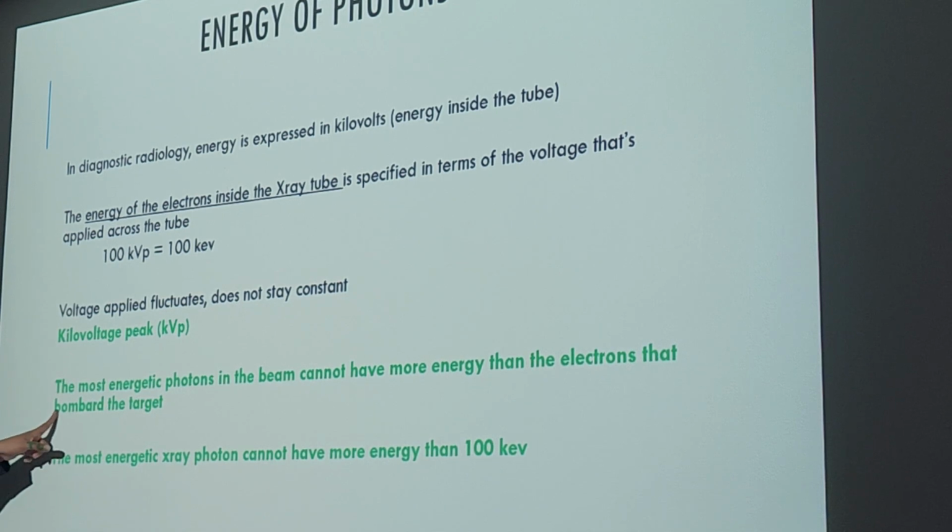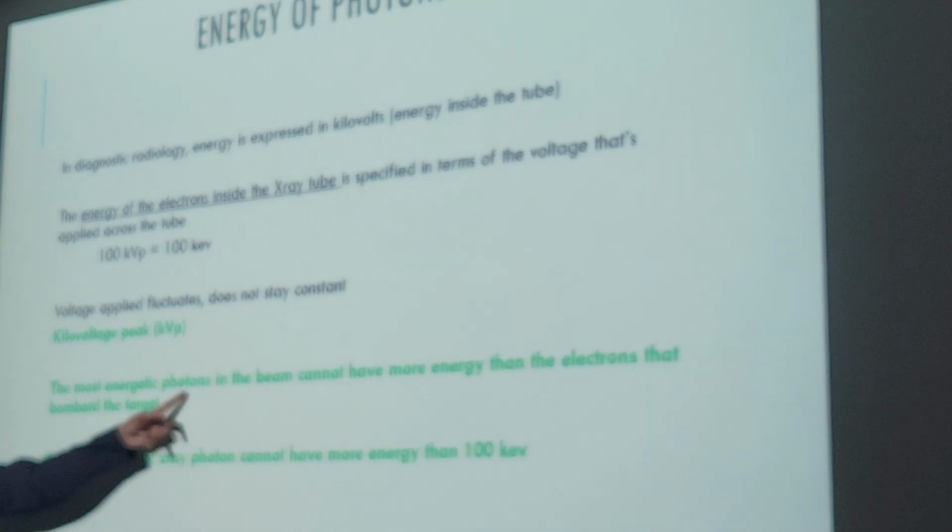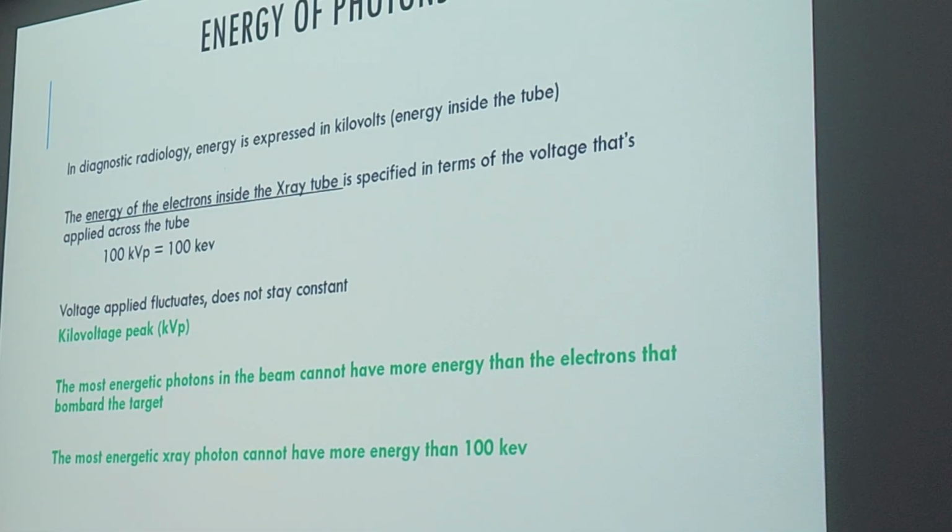So this sentence, don't let it confuse you. The most energetic photons in the beam cannot have more energy than the electrons that bombard the target. So what that means is the most energetic photons in our X-ray beam, give me a kVp. 120.